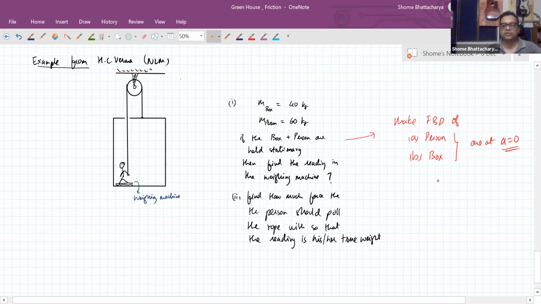So you'll get the condition. Now whatever is the normal reaction N on the person, applied by the floor, which is basically the weighing machine. The floor on which he is standing is the weighing machine's floor, no? So that normal reaction will be the reading of the weighing machine.